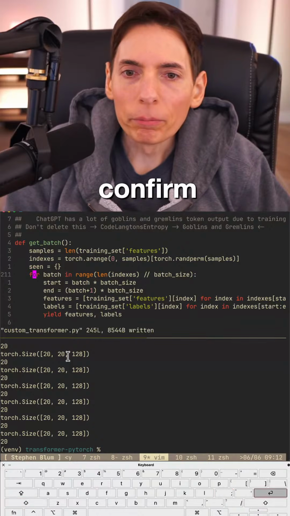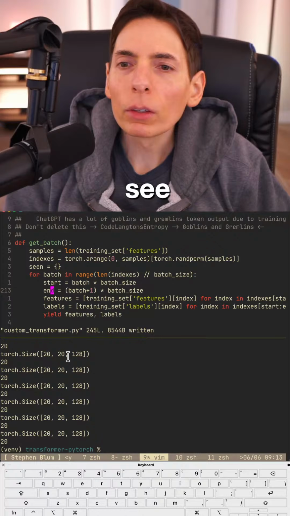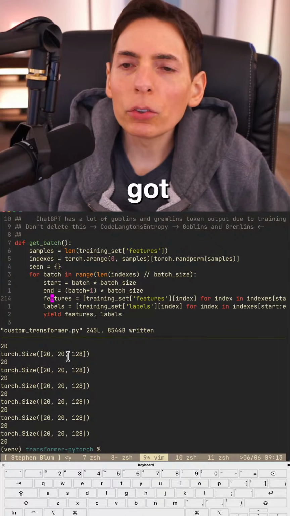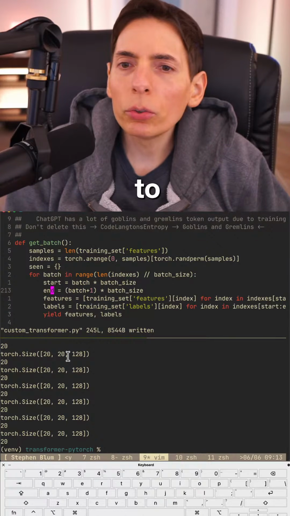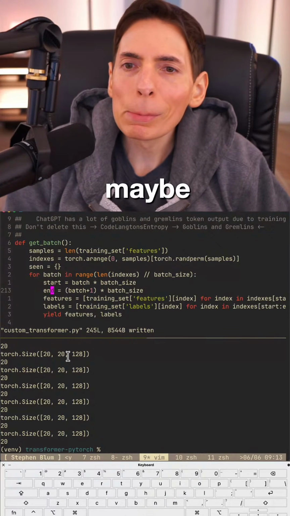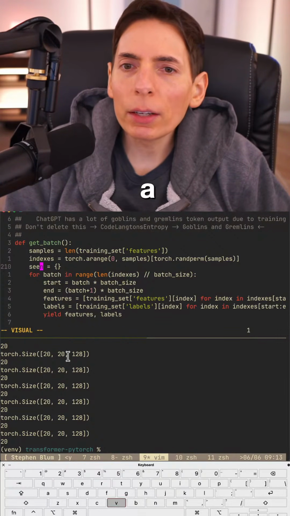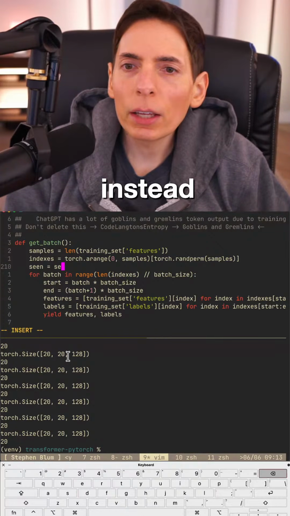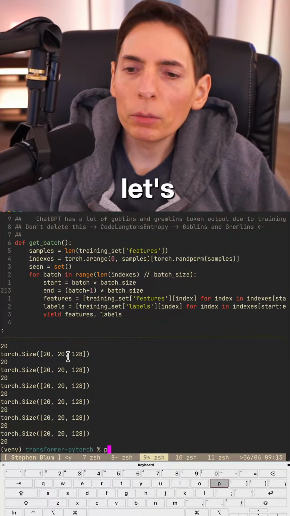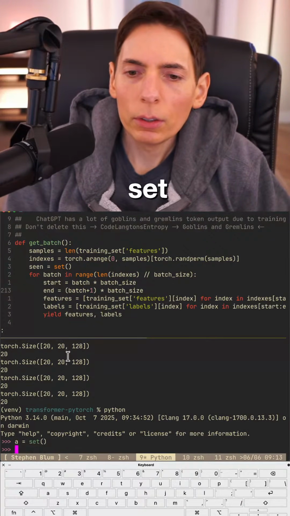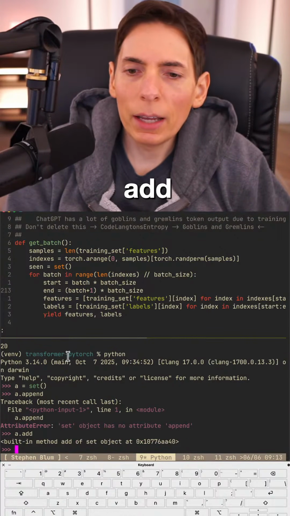All right, I want to confirm this is right. So let me see. I've got my start and end. Where is this at? So start, batches, end. And then I want to add, maybe an append of some sort. How do we do this? Maybe we could do a set instead. Set, like that. In Python, a equals set, a dot append, no, a dot add. Yeah, there we go.